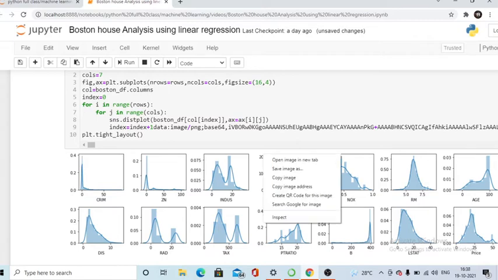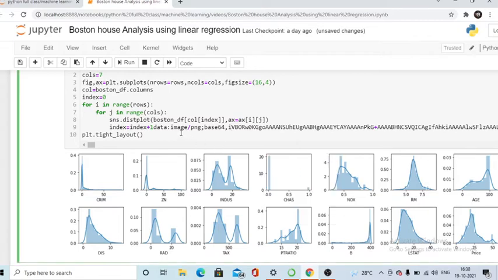So how many features do we have? These are all the features we have.